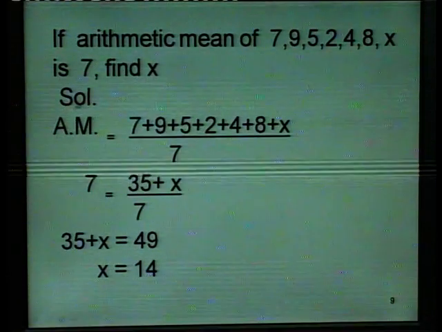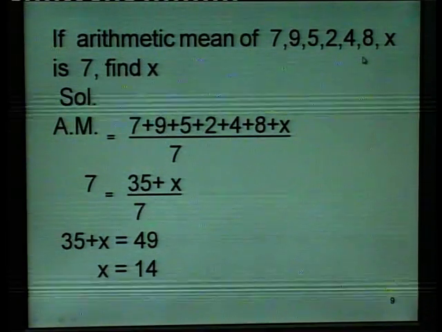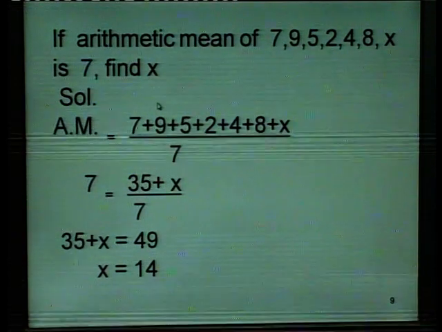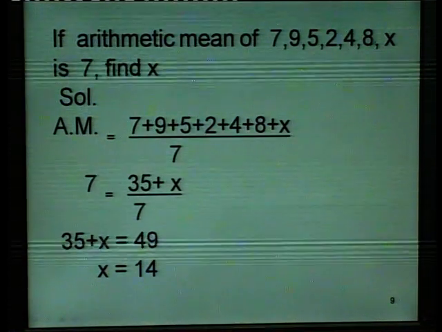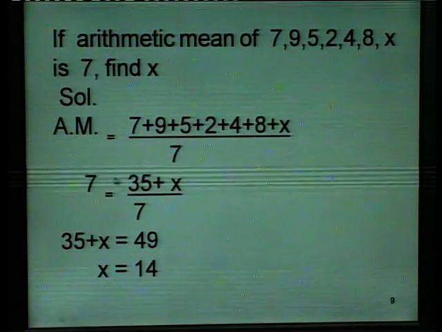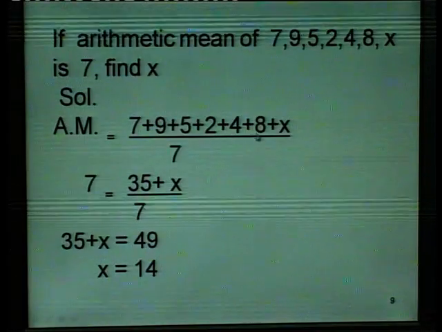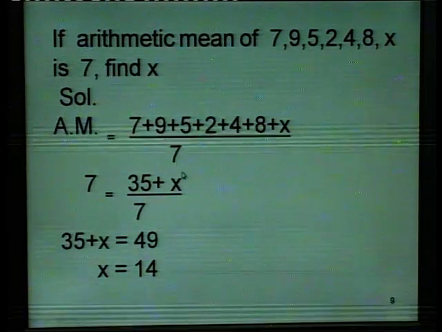Now, the next question is: if the arithmetic mean of these 8 numbers is 7, find x. We are given the arithmetic mean and we have to find x. Now, the arithmetic mean is 7 plus 9 plus 5 plus 2 plus 4 plus 8 plus x divided by 7.